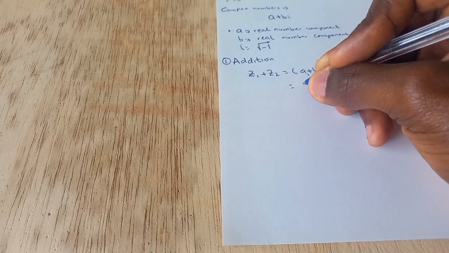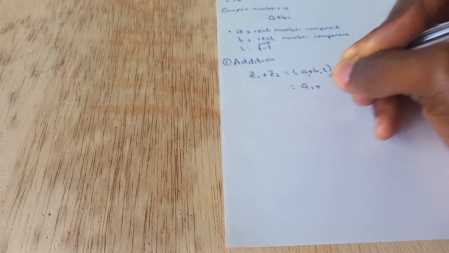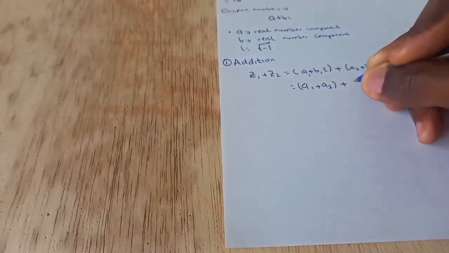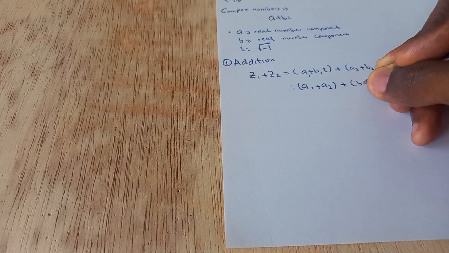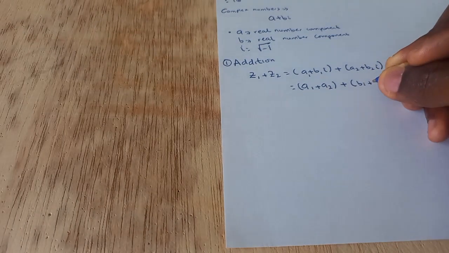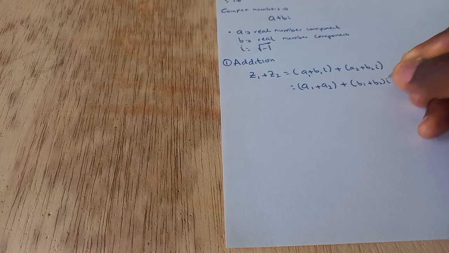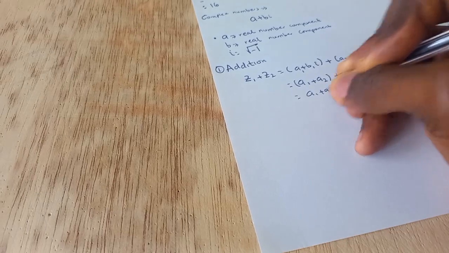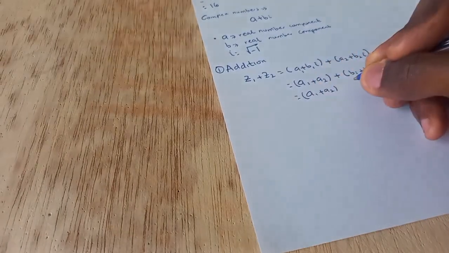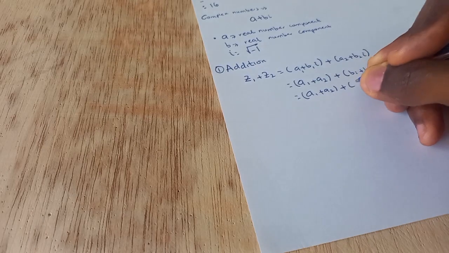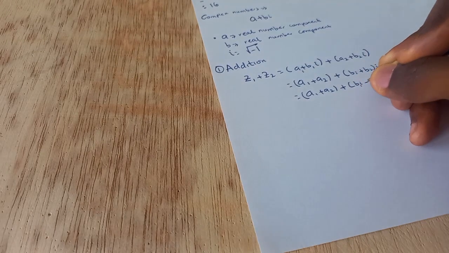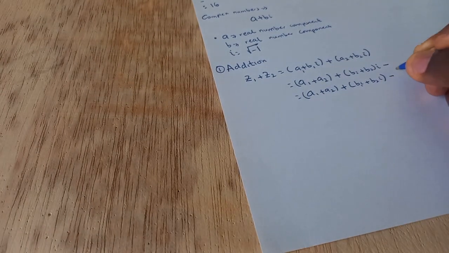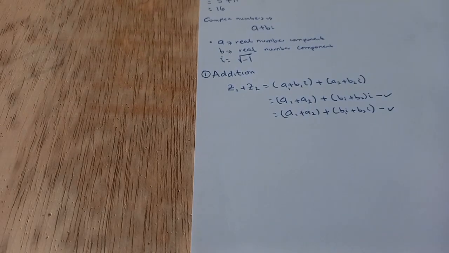So then we have A1 plus A2, plus B1 plus B2 multiplying the I. Or one can say A1 plus A2 plus B1I plus B2I. They're all having the same answer. Are you following?